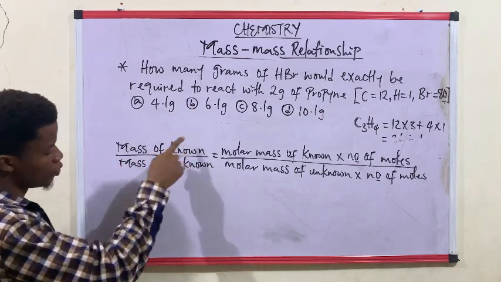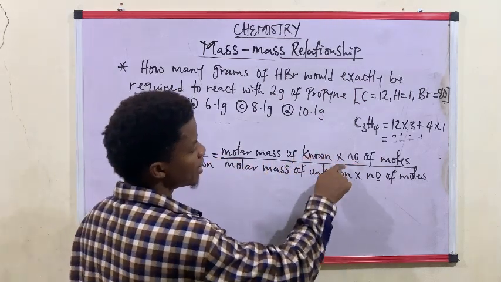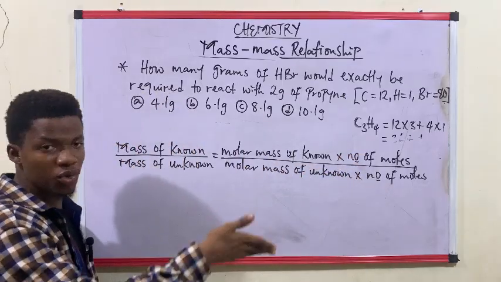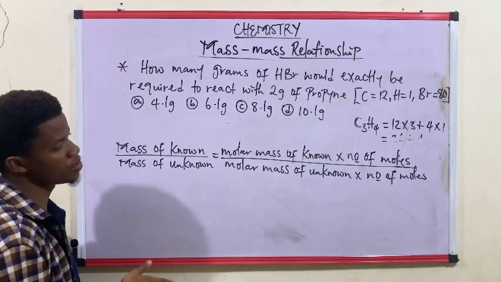It is the mass of known over the mass of unknown, equals the molar mass of known times the number of moles in the equation, all over molar mass of unknown times the number of moles in the equation.